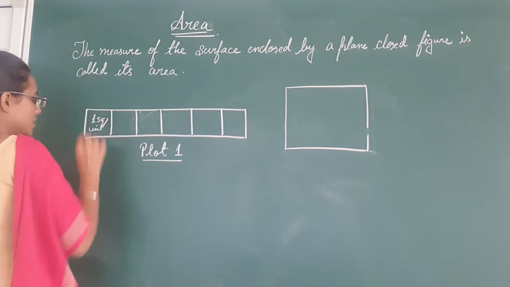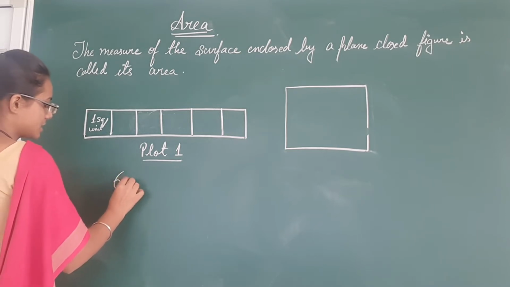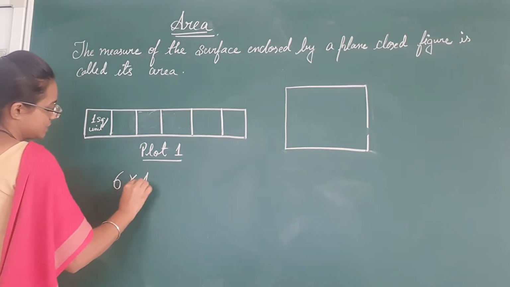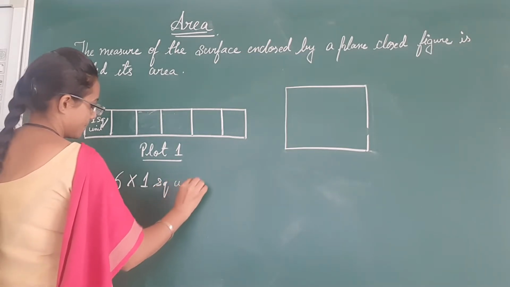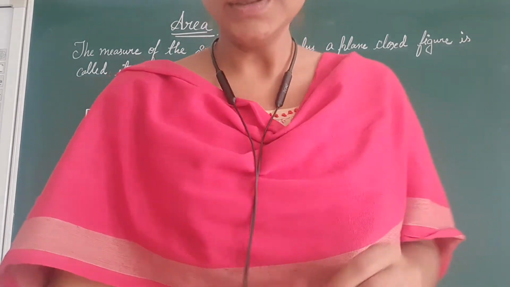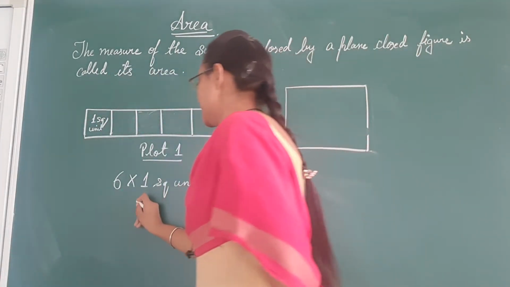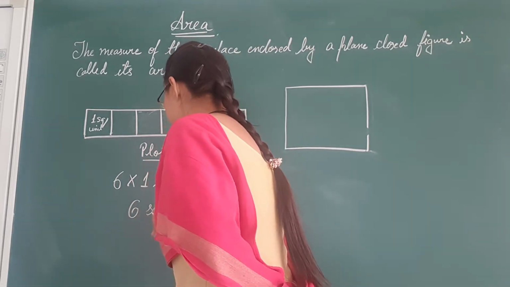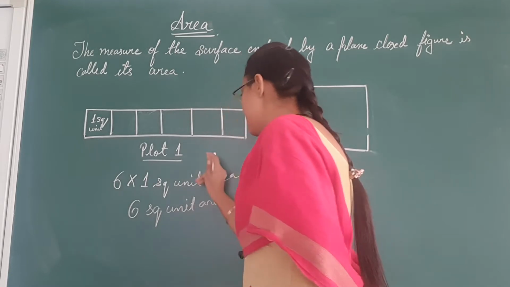So how many tiles are there? There are 6, each 1 square unit. So here you can say that 6 square unit area is there in plot 1.